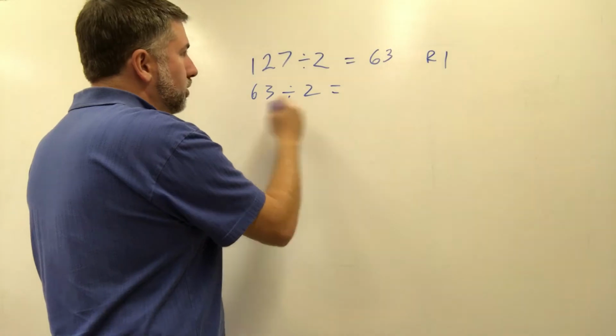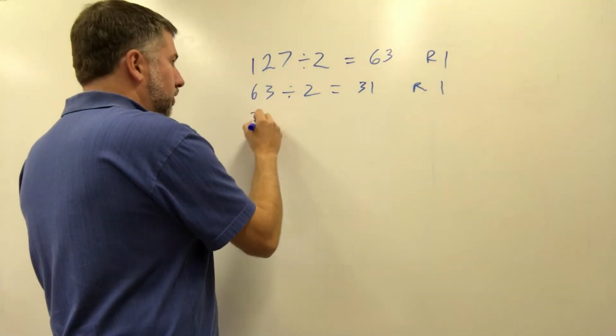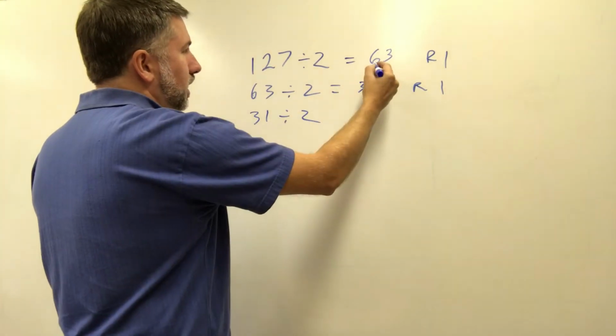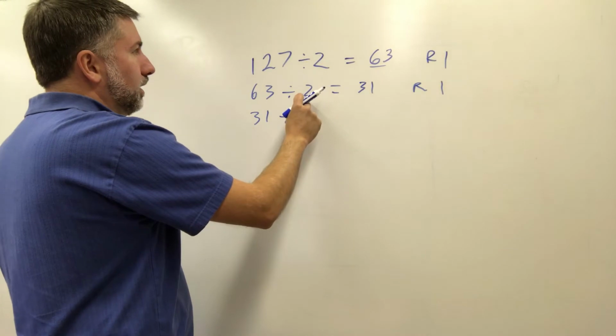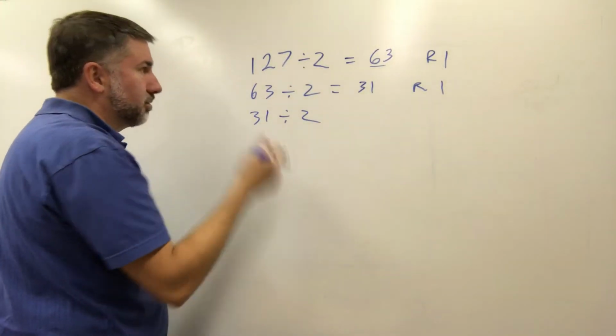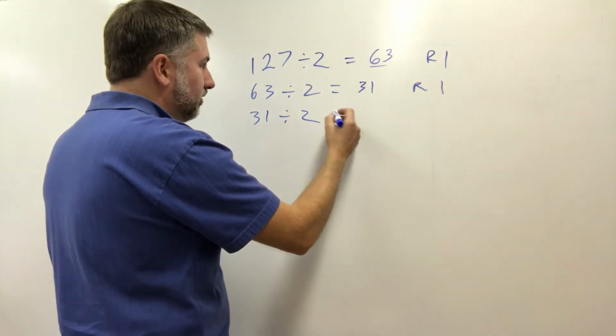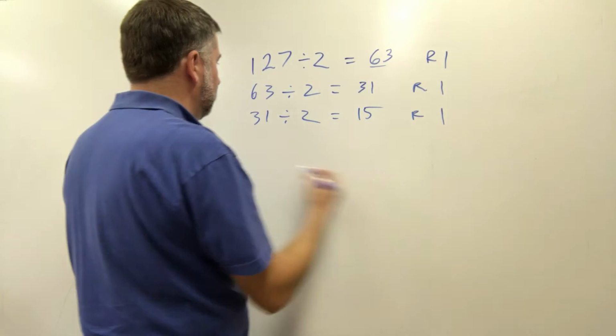So 62 would be 31, remainder 1. 31 divided by 2. So you can see each time we take whatever our quotient is and we divide it by 2 again. Because this is the number divided by 4, right? And the number divided by 8, and the number divided by 16. So 31 divided by 2 is 15, remainder 1.